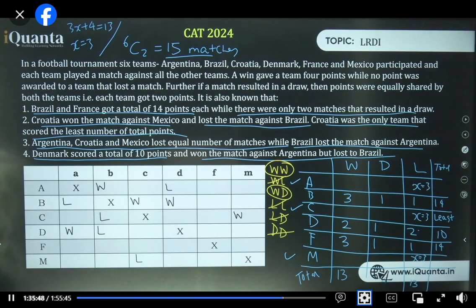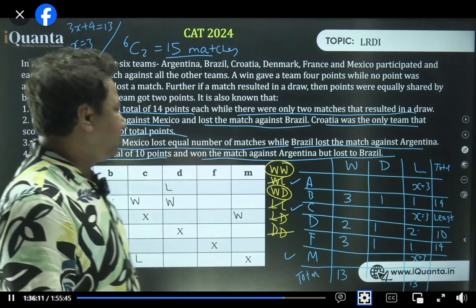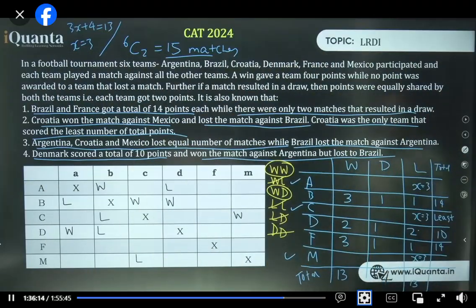Now we are left with only 2 cases: win-win, win-draw. Enjoyable set, isn't it?